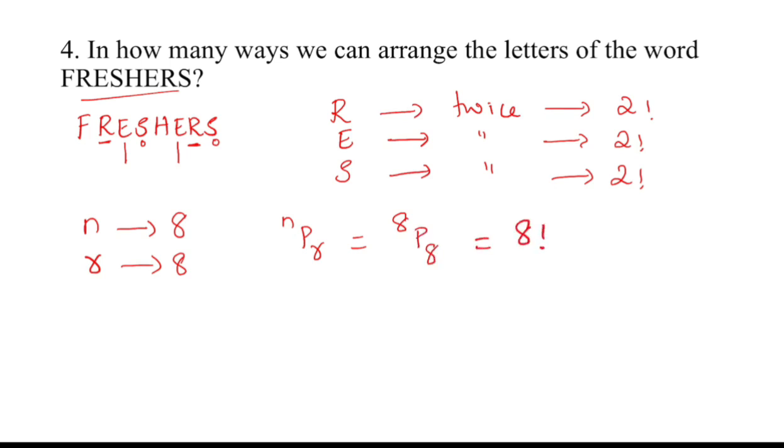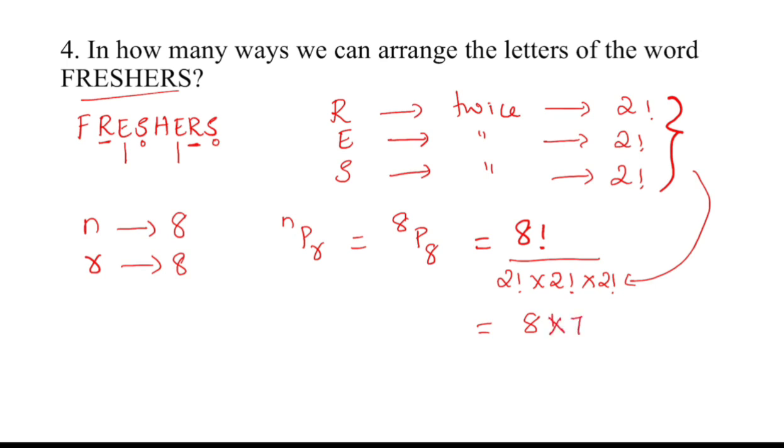But these letters are repeating, so therefore divide here by 2 factorial into 2 factorial into 2 factorial. Which is equal to 8 factorial over that: 8 into 7. Don't go on writing till 1, because 2 into 2 into 2 is how much? 8.